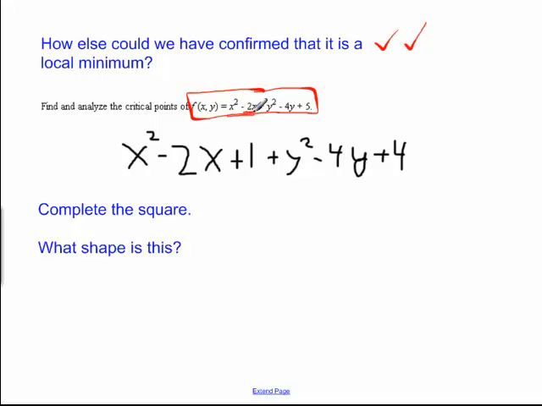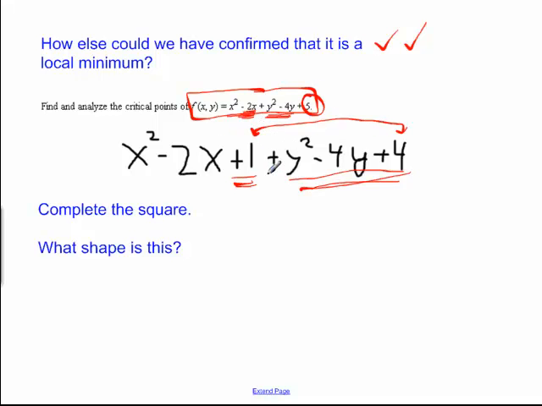I know that what would complete the square there is if I added 1. And y squared minus 4y, so divide negative 4 by 2, square it, we get plus 4. And notice I didn't change my function. Here I've got 1 and 4, and these add up to get 5.